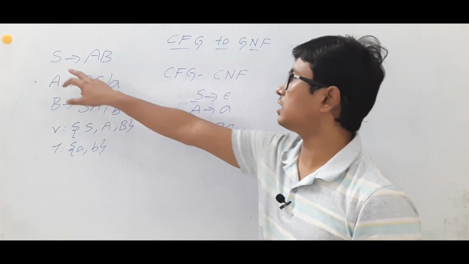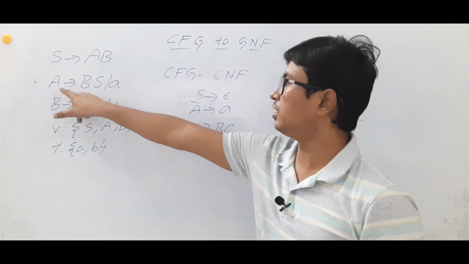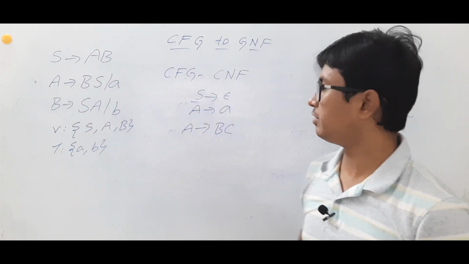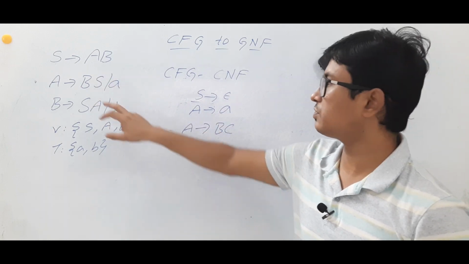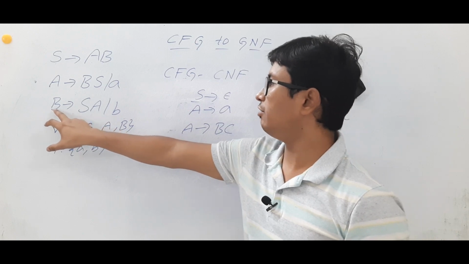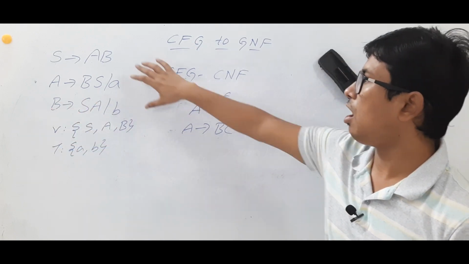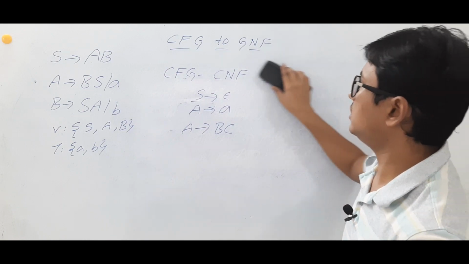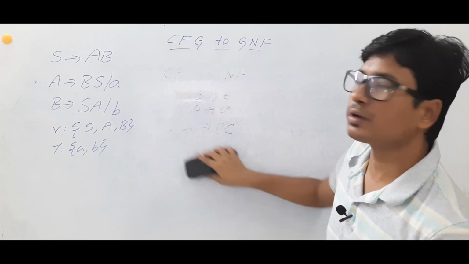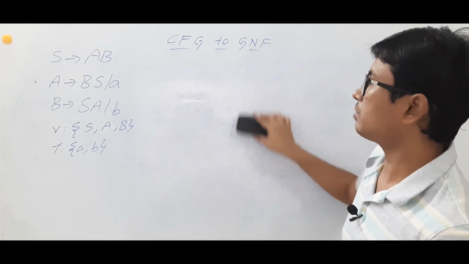Now a variable determines a variable and variable, it is in this condition. Here also a variable determines variables, it is also satisfied, or a variable determines a terminal. So all the productions are in CNF. So I need not convert the given context free grammar into Chomsky normal form.